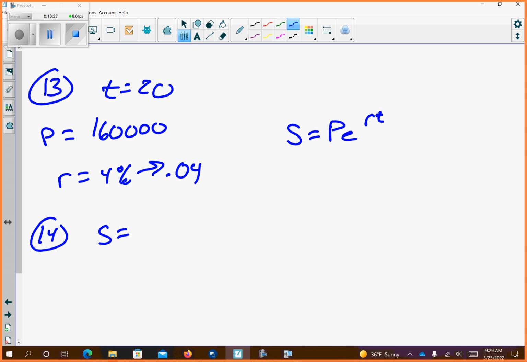We're going to use S equals P e to the rt. Your P value is going to be 20 million, that's 20,000,000, and the rate is going to be 0.02. And then that will solve all the rest of those.